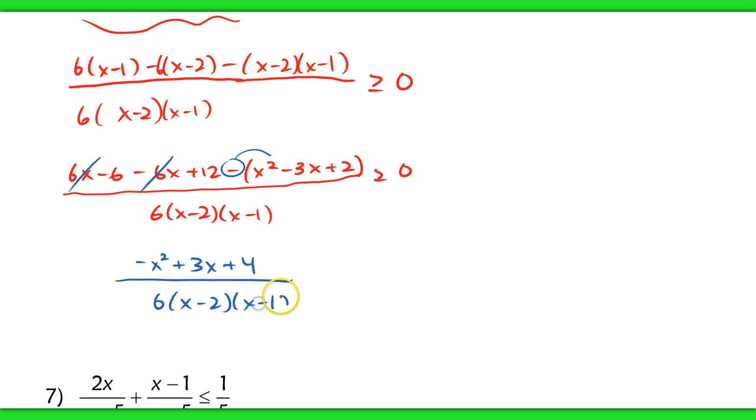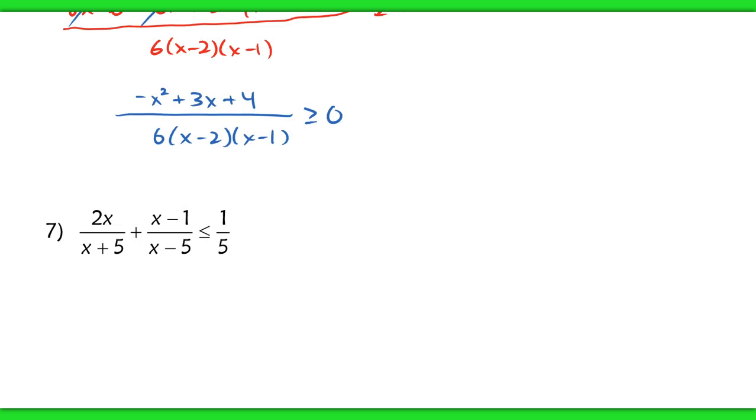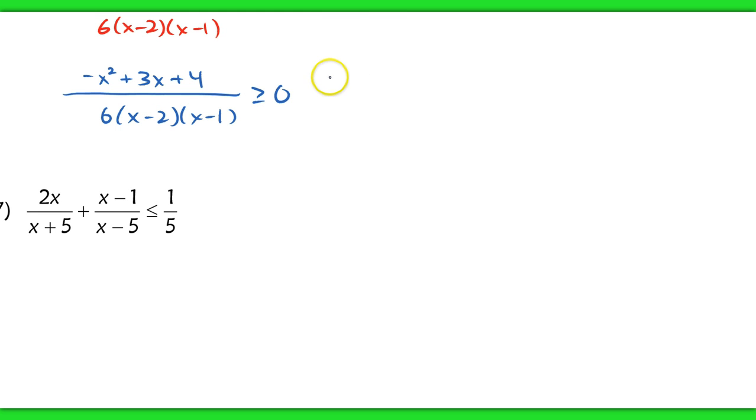and then over x minus 2 times x minus 1. Okay, now my goal again is to factor everything, so I want to find all my key numbers, so that means I need to factor this. Okay, so I'm going to pull that negative out, and I'm left with this quadratic here that I'm going to factor again.